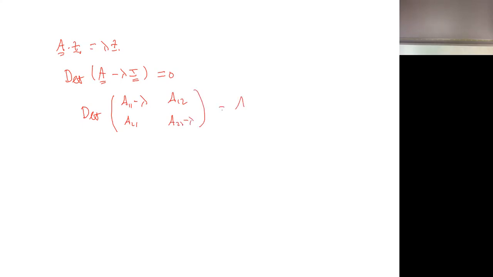The determinant is A11 minus lambda times A22 minus lambda, minus A12 A21, which equals lambda squared minus A11 plus A22 times lambda, plus A11 A22 minus A12 A21.